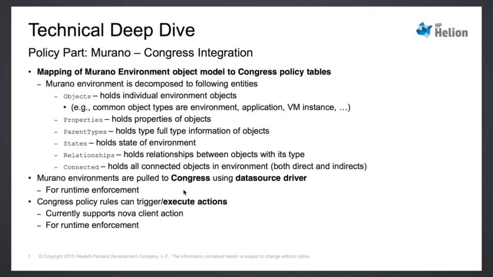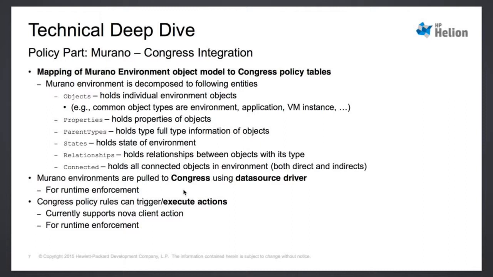Of course, we had to deliver a data source driver for Murano in Congress, so it is possible to continuously update the state of Murano environments in Congress, and we are able, during runtime, to validate whether your application is correctly running.